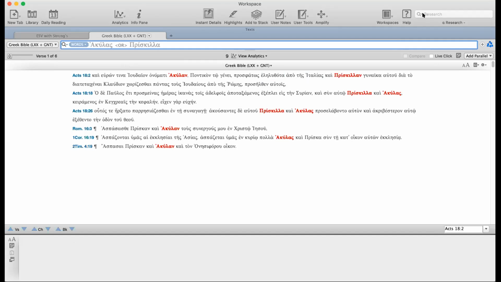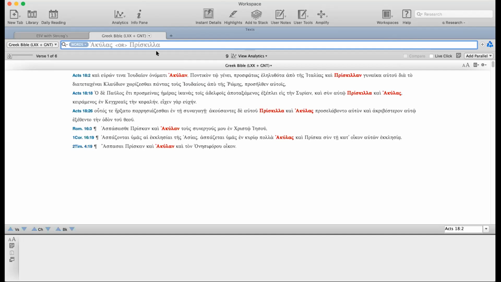So is there an option for Aquila first? Is there an option like that in BibleWorks? Yes, BibleWorks typically allows doing the same search, putting a star. You mentioned a question mark, which I also didn't get.